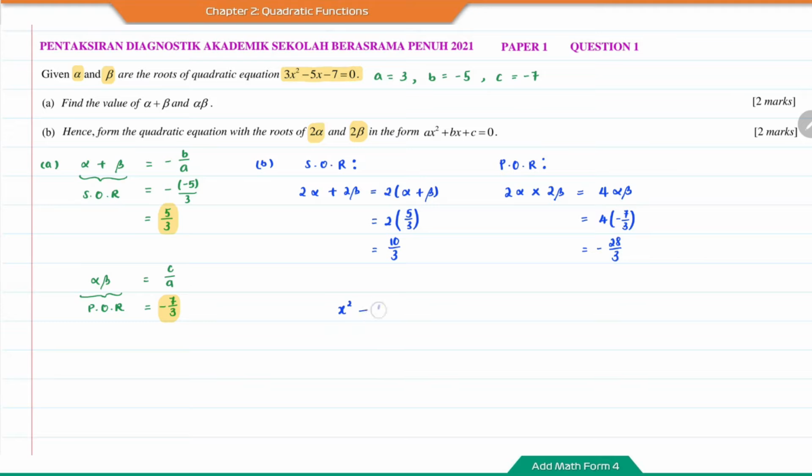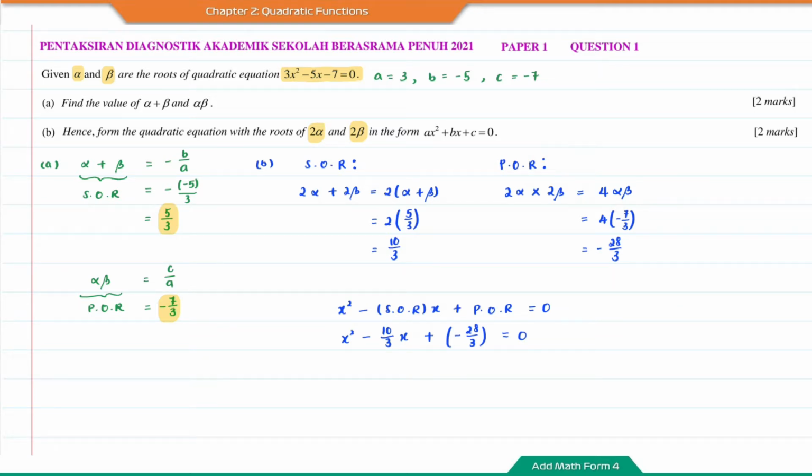x squared minus the sum of roots x plus the product of roots equal to 0. Here we substitute the sum of roots with 10 over 3, and don't forget the x, plus the product of roots, negative 28 over 3, equal to 0. Note that the sum of roots and product of roots are fractions with the denominator 3.